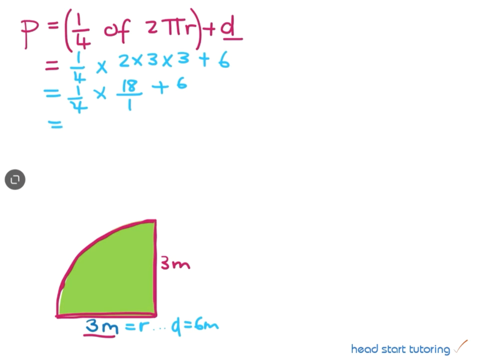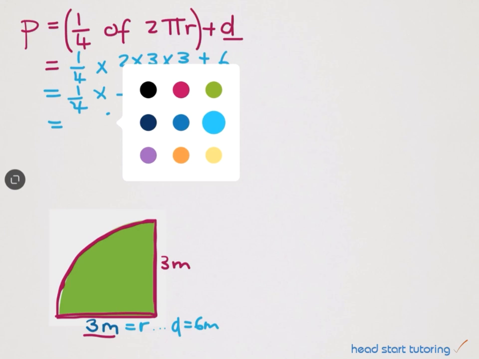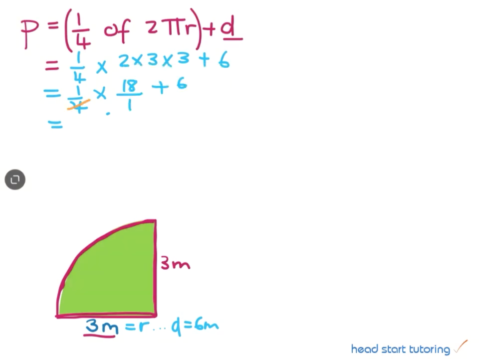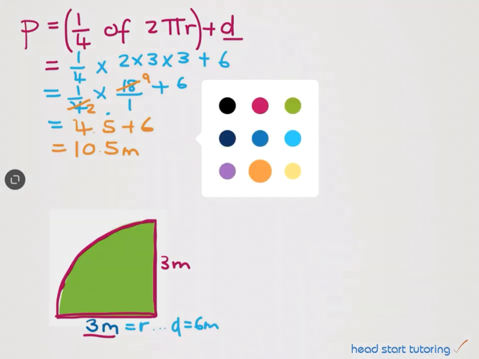A quarter of 18 we can cross cancel: 2 into 4 goes twice, 2 into 18 goes 9 times, and we end up with 9 over 2, or 9 divided by 2, which is equal to 4.5, and then we plus 6 to get an answer of 10.5 meters. Right, so the perimeter of this quarter of a circle is equal to 10.5 meters when we are using pi equal to 3.